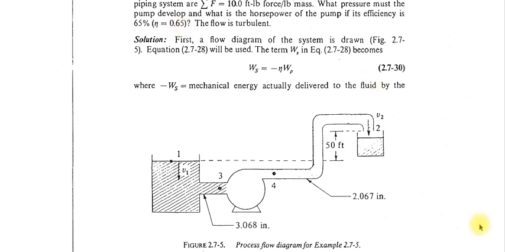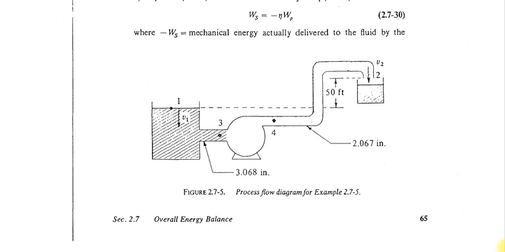So this is the diagram of the system. Here you have a tank and an overhead tank, where you have to transfer the fluid from this point to this point. The difference between point 1 and point 2 is 50 feet, and here the diameters are given.